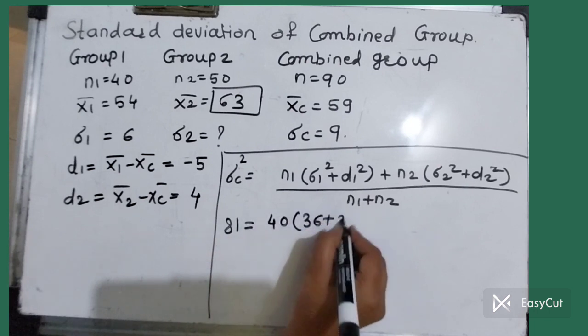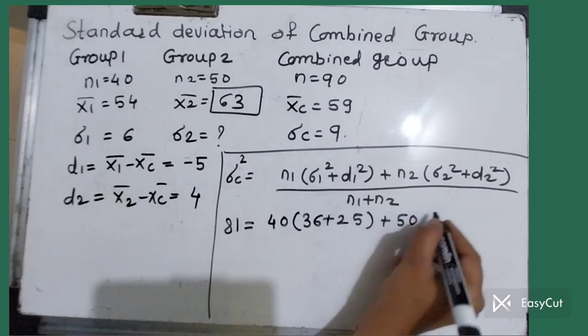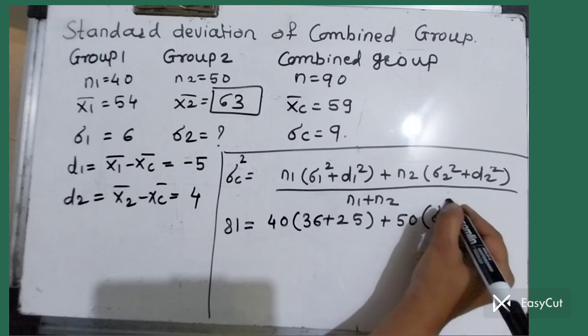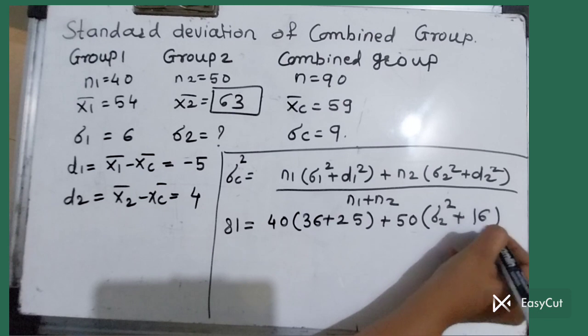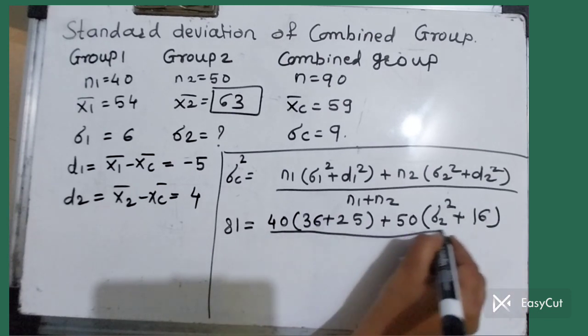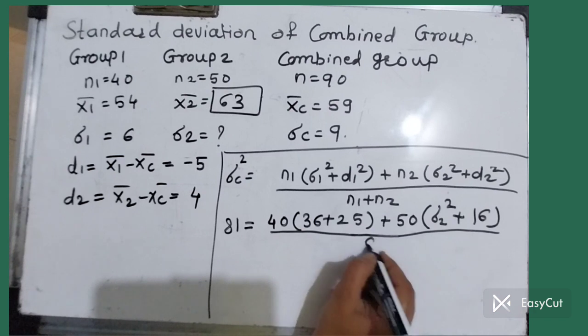I write here 81. Then put all values. 36 plus 25, N2 is 50, sigma 2 keep as it is, we don't know. D2 is 4, so it is 16, upon 90.